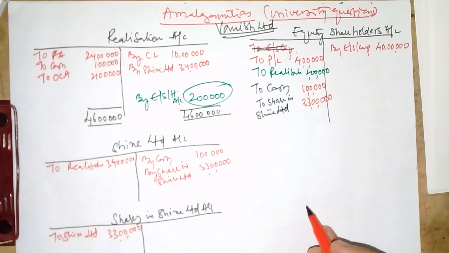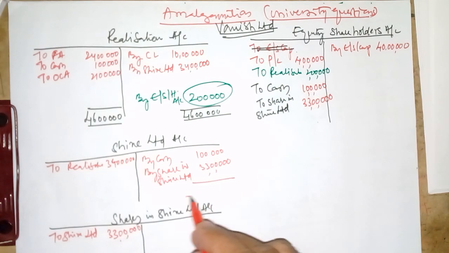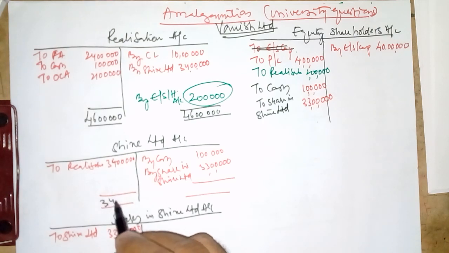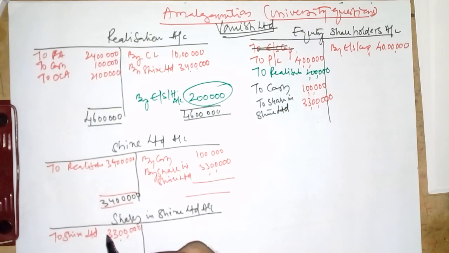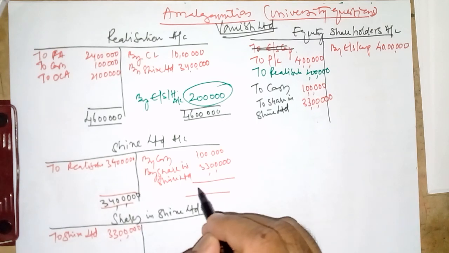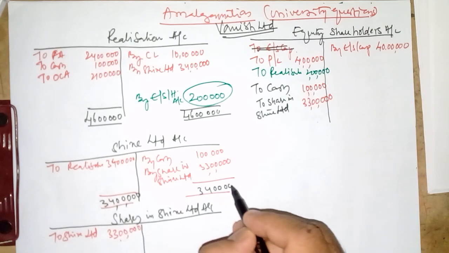Right? Now we need to close this account. Here this account is getting tallied with 34 lakhs. Which account? Shares in Shine Limited account is tallied with 34 lakhs, right? This 34 lakhs.